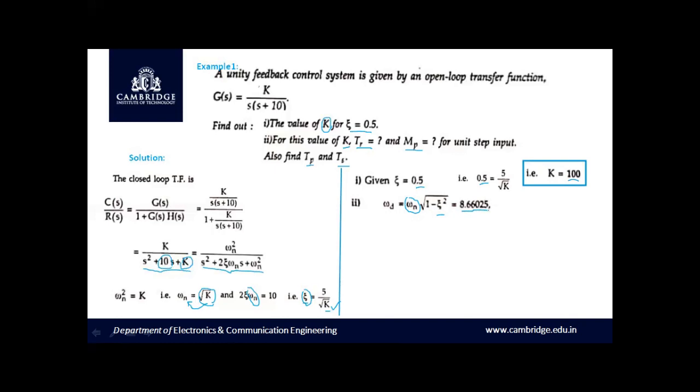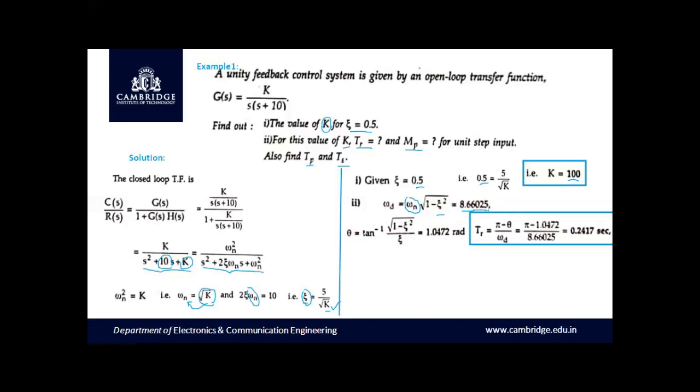Once after substituting for both, I obtain omega d as 8.66025. Once after obtaining omega d, we know the formula to calculate theta, which is given by tan inverse of square root of 1 minus zeta square divided by zeta. So substituting for zeta as 0.5, theta will be equal to 1.0472 radian. Now we know the formula for rise time, which is given by (pi minus theta) by omega d.